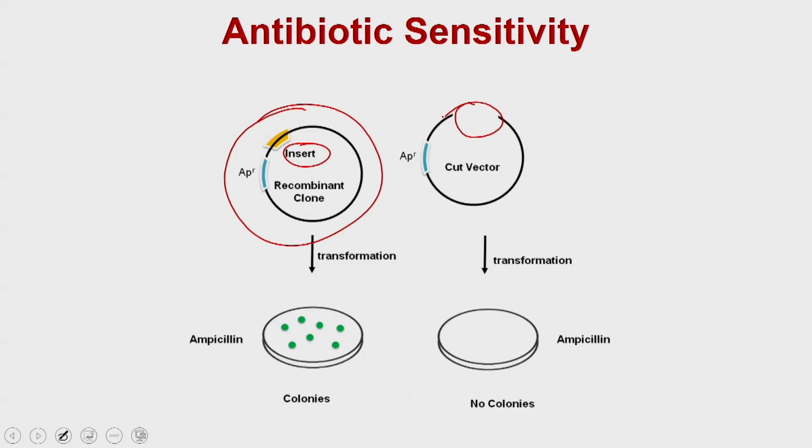Because it is a linear plasmid, it is not going to express the ampicillin resistance gene, and that is how it will not confer any resistance.